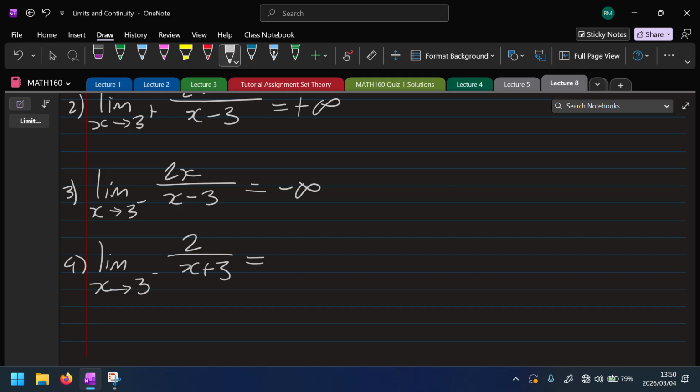So in the limit, it will be 2 over. We're approaching 3. So 3 plus something getting very close to 3. It will be 3 plus something slightly less than 3, which you said was slightly less than 6.